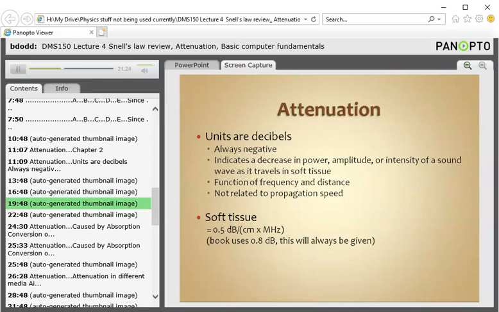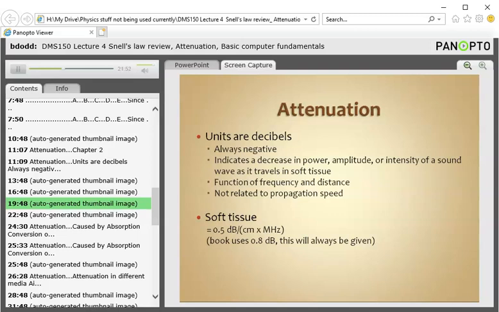A question. What is the difference between 0.8 and 0.5? Where does it come from? Different authors, different research. If you look up Frank Miele's numbers, he uses 0.5 for soft tissue. He uses 1 decibel per centimeter megahertz for muscle, and he uses 0.125 for blood.